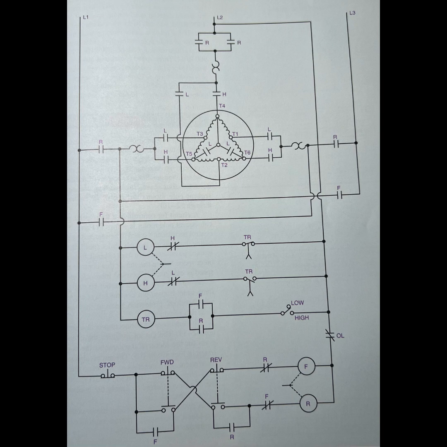Assuming that the selector switch is in the high position, contactor L is energized to start the motor in low speed. At the same moment, timing relay coil TR is energized. When the normally closed delay in opening contact TR opens, after a preset timing delay, normally open contact TR closes at the same time.